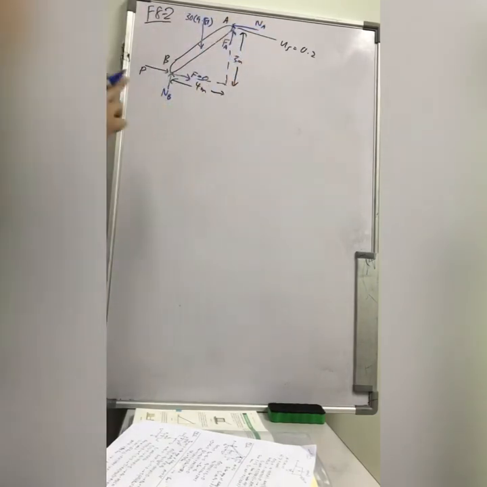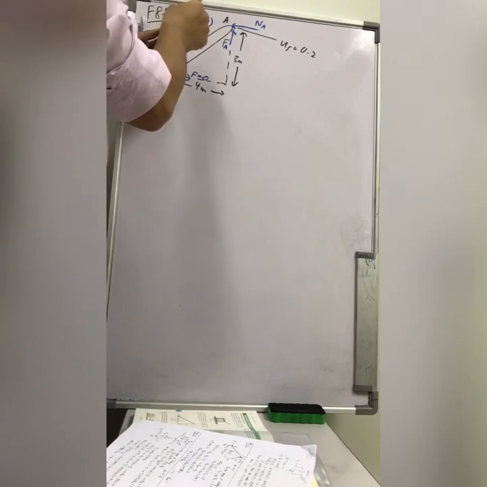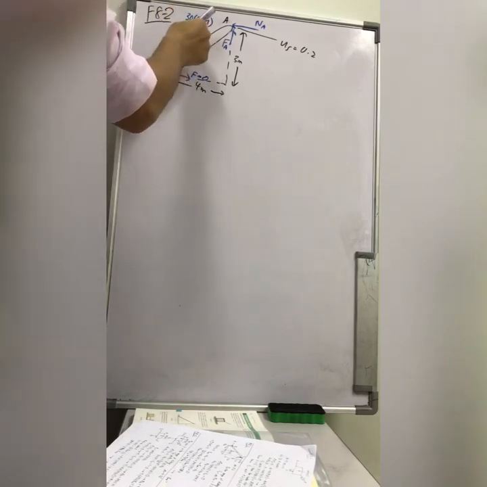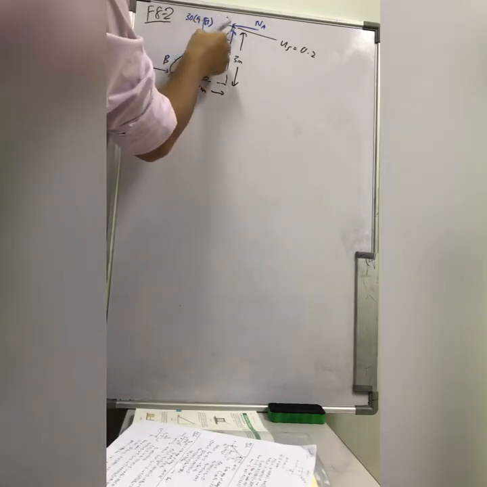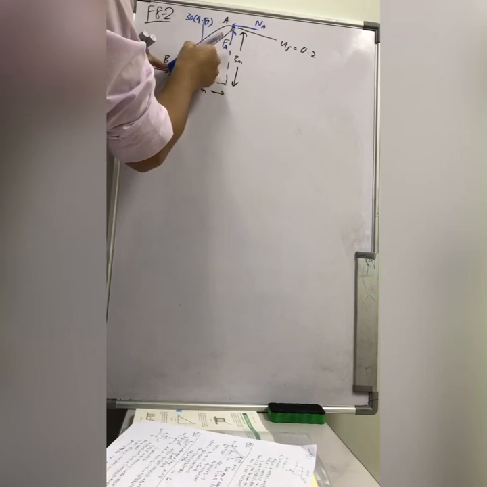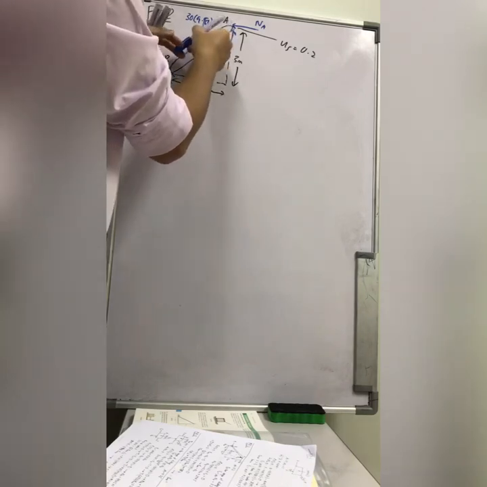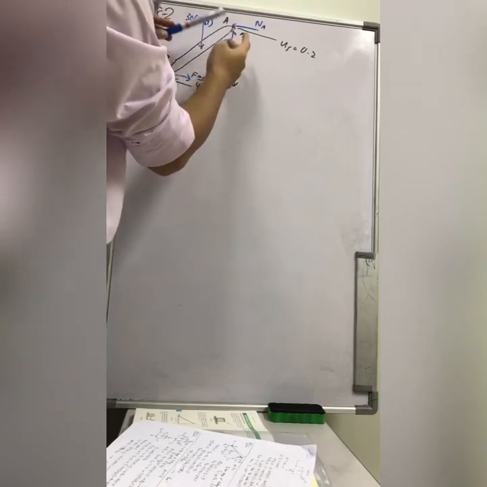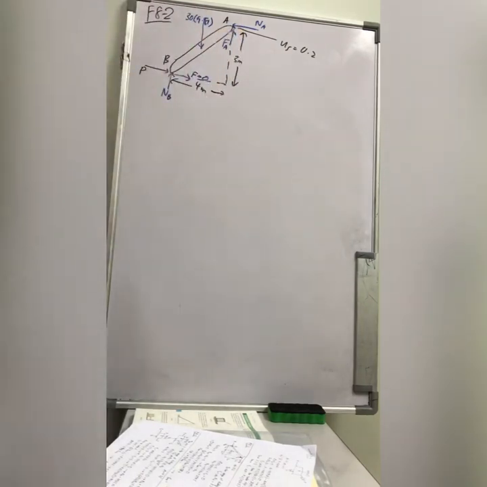Because you can imagine, due to the weight of this, it will fall down like this. That's why you have P to oppose, and at point A it will go down. So your FA will go up to resist. Your FA is your friction, right?